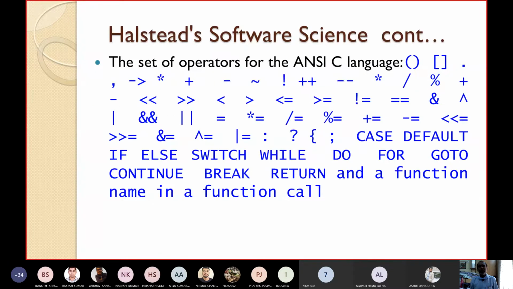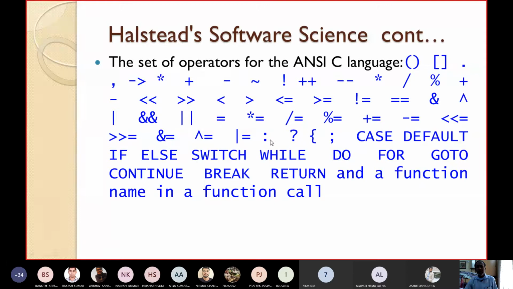Here I have taken the ANSI C language. Some commonly used operators are given. These are very easy. You can see yourself, like the parenthesis is treated as one operator. Square bracket, another operator. Full stop, another operator. Comma, another operator. Shift operators, bitwise operators, these will all be treated as operators.